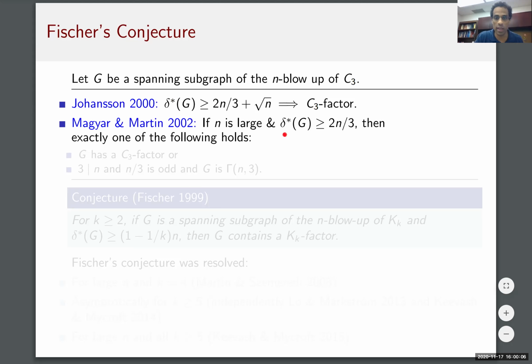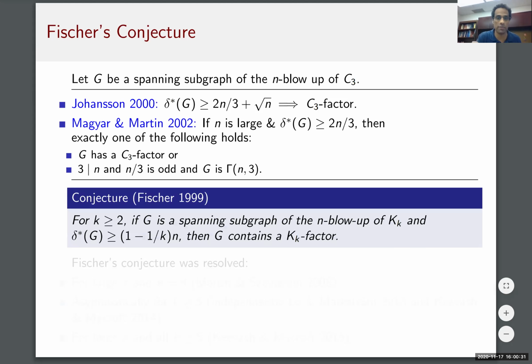They said that if your partial degree is at least 2n over 3, then you're going to have a C3 factor unless you're exactly this graph, this gamma n3 that I was describing on the previous slide. That's the only thing that can stop you from having a C3 factor when you meet this minimum partial degree condition.